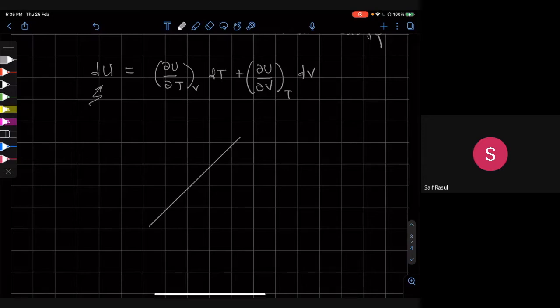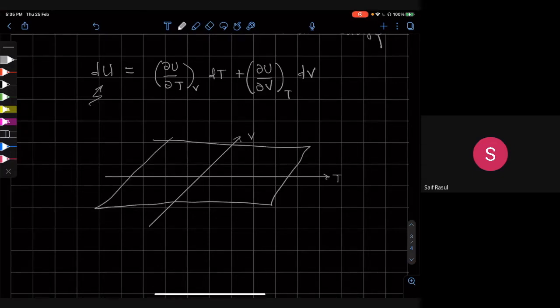You have some axes, the V axis and another axis, say the T axis, so this is the TV plane, and here you have some function, and this function is the internal energy function.